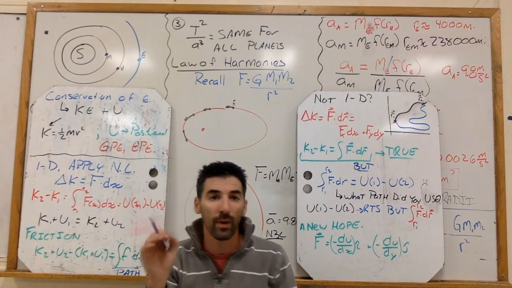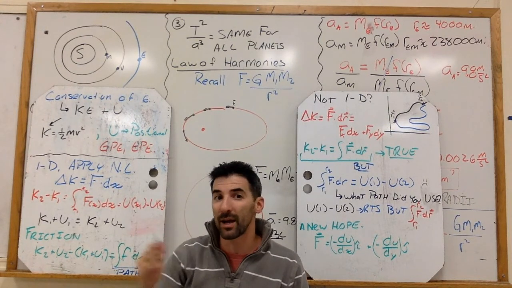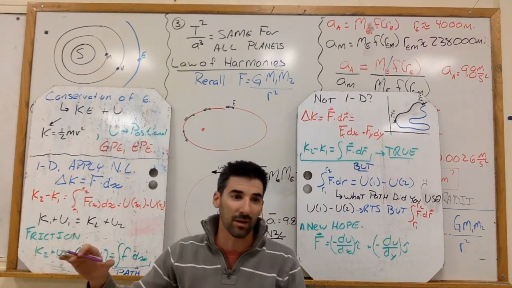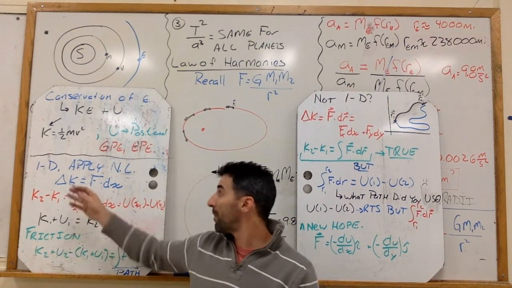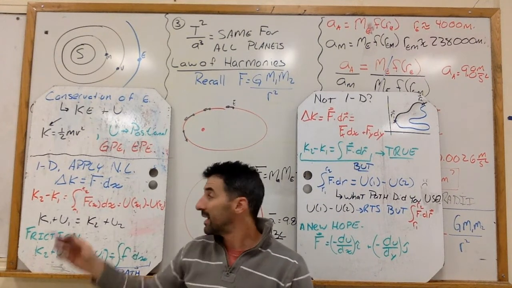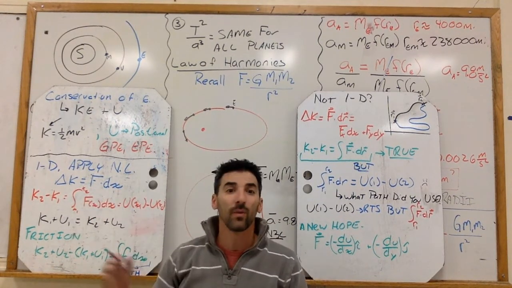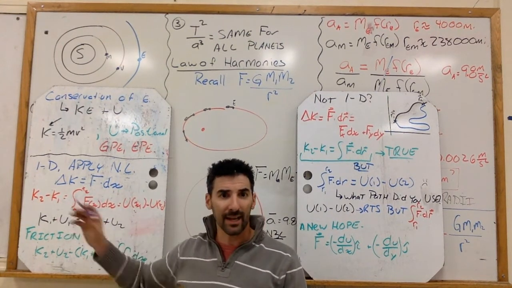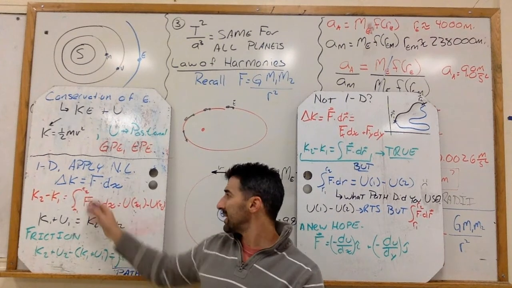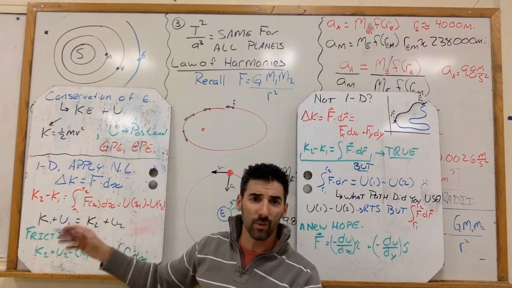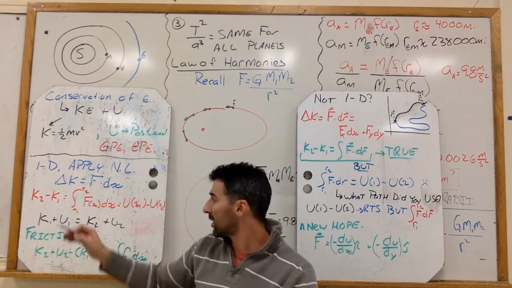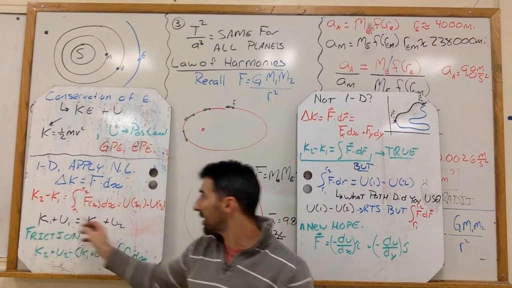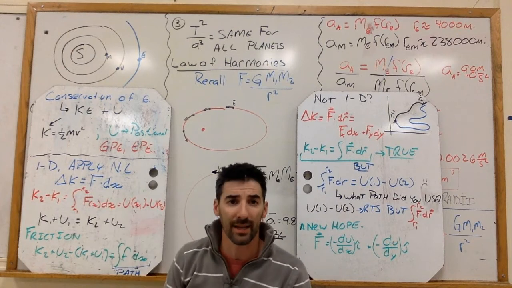Now, if I apply Newton's laws through just one dimension right now, only in a horizontal x direction, I know by definition a change in kinetic energy is F dot dx. That's just my work kinetic energy theorem. So my change in kinetic energy, K2 minus K1, is equal to the integral from x1 to x2, summing up all those forces along this path. This is my work energy theorem.